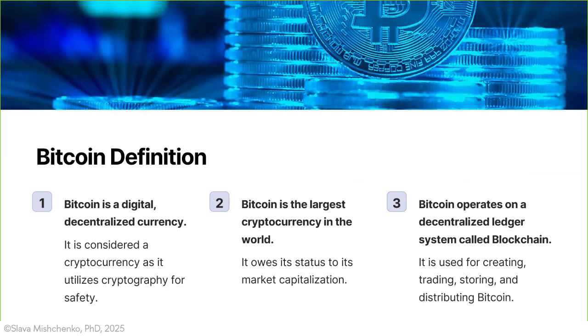This isn't just about the size, it's about market confidence and widespread adoption. When we look at the numbers, Bitcoin's market dominance becomes even more impressive. And the third point I want to emphasize is how Bitcoin operates on what we call a decentralized ledger system, that is blockchain.